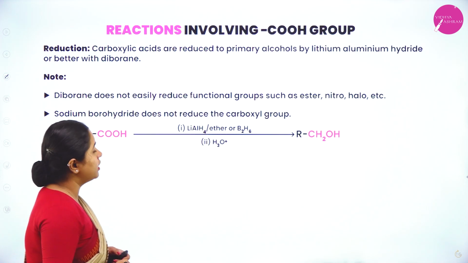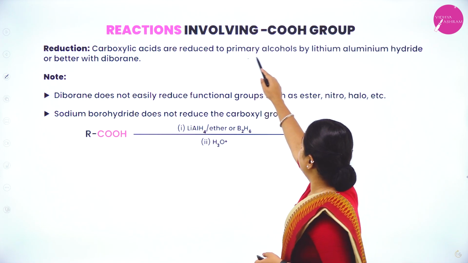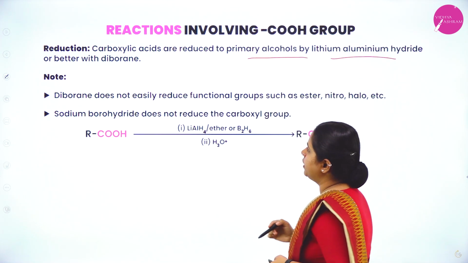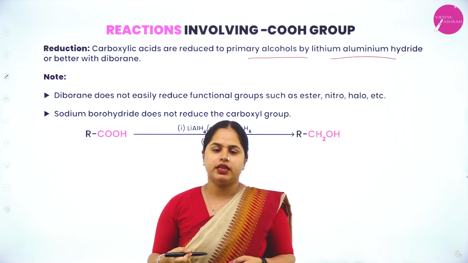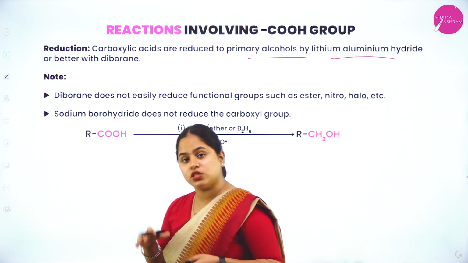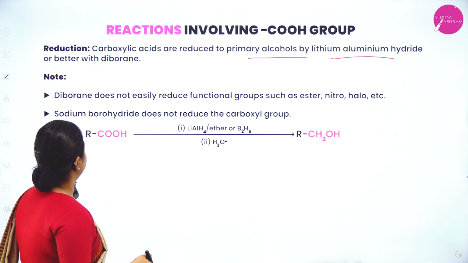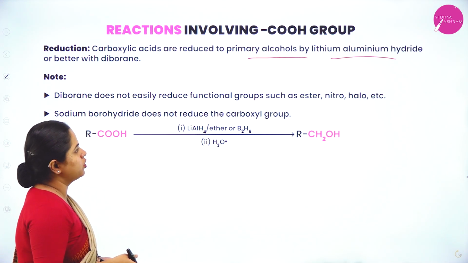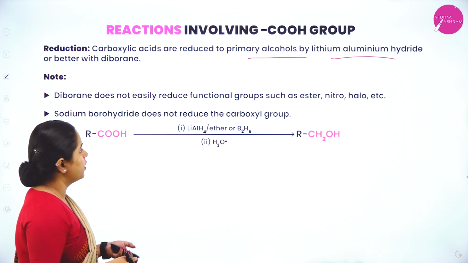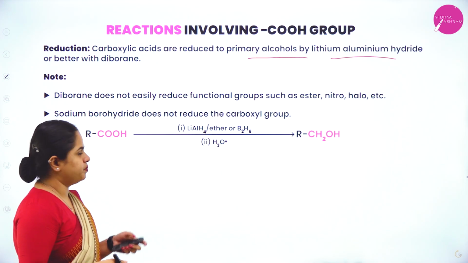Moving on to the next one, reduction. Carboxylic acids are reduced to primary alcohols by lithium aluminum hydride, or better with diborane. Lithium aluminum hydride is a very good reducing agent which will reduce carboxylic acid directly to primary alcohols. Diborane does not easily reduce functional groups such as ester, nitro, halo, etc. Sodium borohydride does not reduce the carboxyl group.